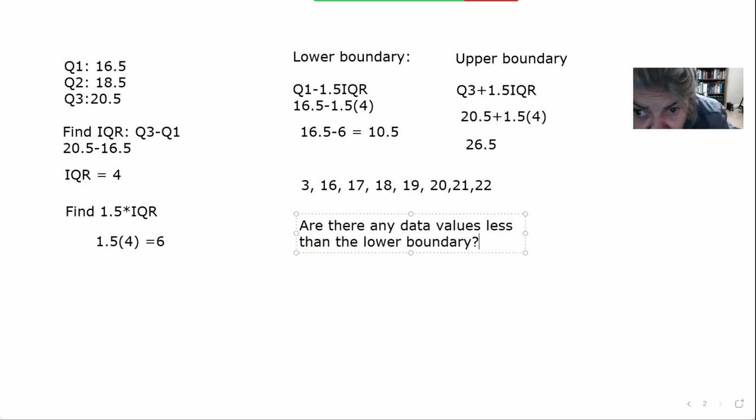Yes or no? Well, the lower boundary is 10.5. 3 is less than the lower boundary, so yes.